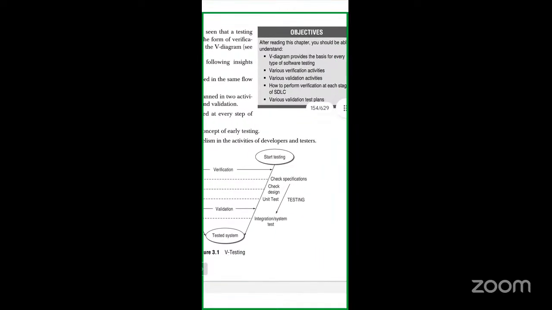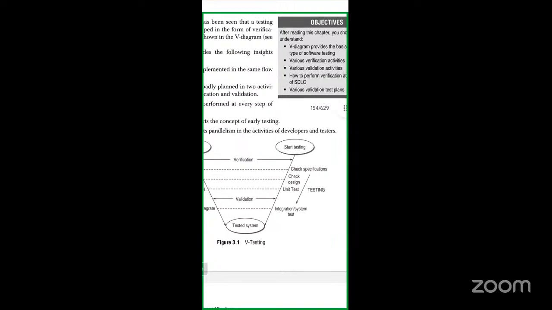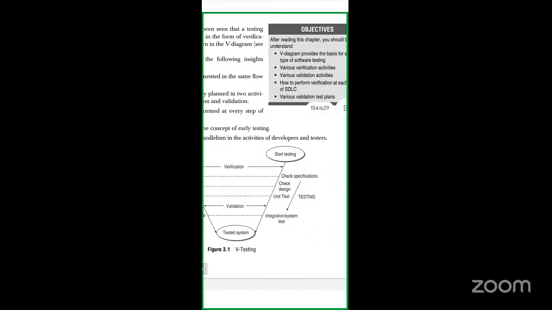Here also it is checking specifications, checking design, unit testing, integration testing, going from top to bottom. That's why the arrow mark is again given from top to bottom. So whatever process we are doing in verification, we are checking for the specifications.